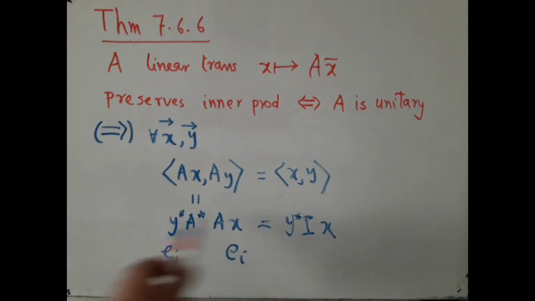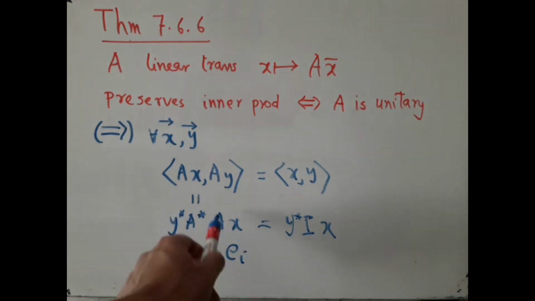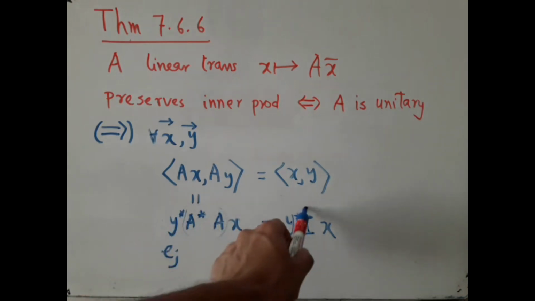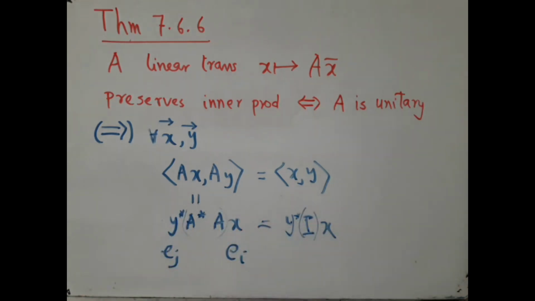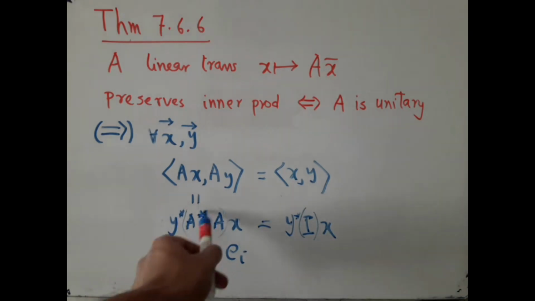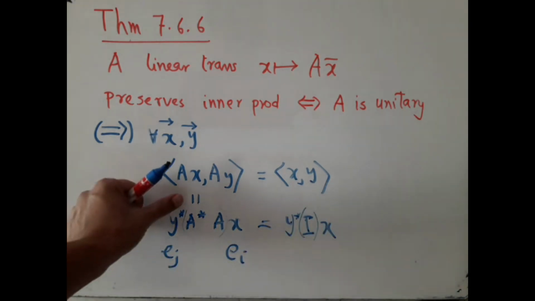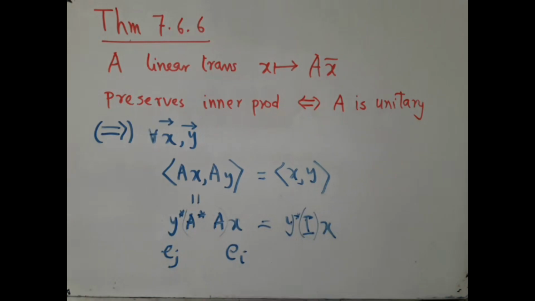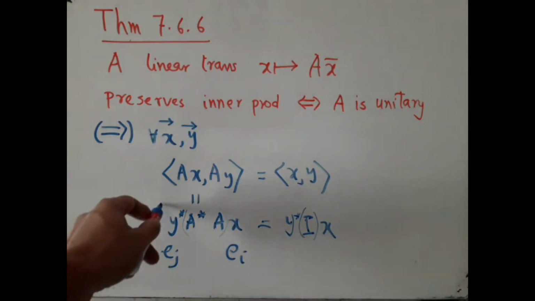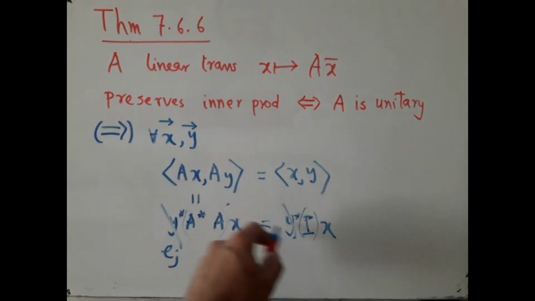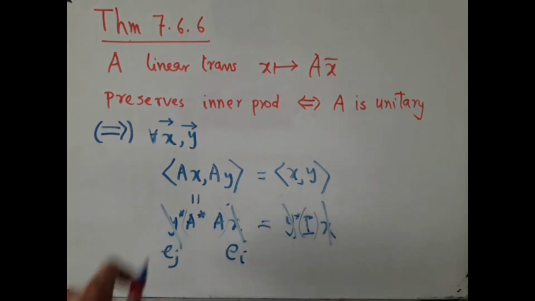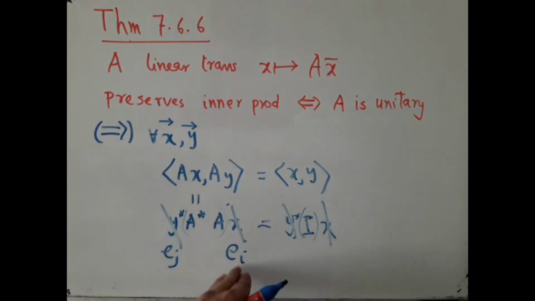So this will basically say that the jith entry of this matrix equals the jith entry of that matrix, which will force the entire matrix to be equal to that. In other words, I will have A star A equal to I. Now, do not think that we are cancelling off y here and x there. That is not the reason. The reason is we can put various basis vectors in place of x and y.